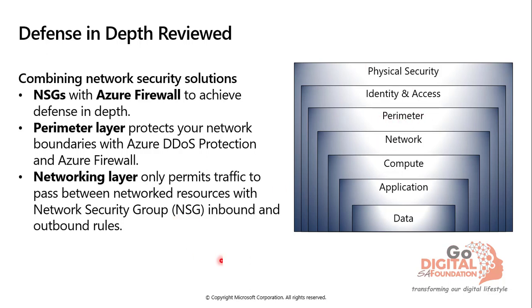And then the networking layer, which is the fourth layer from the outside, only permits traffic to pass between networked resources with network security groups, with inbound and outbound rules, just like when you're setting up your firewall. Yeah.